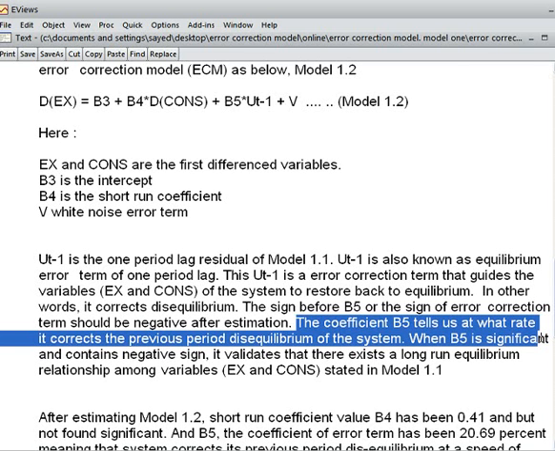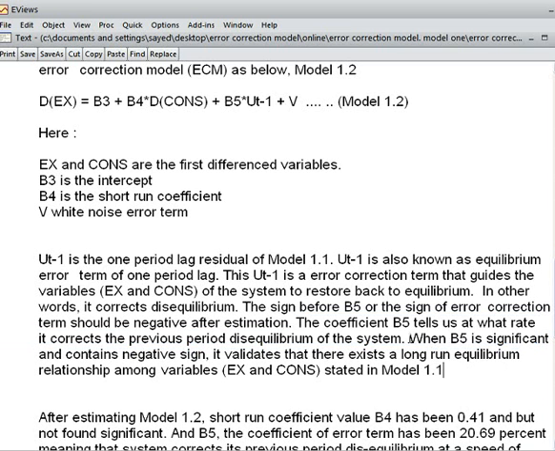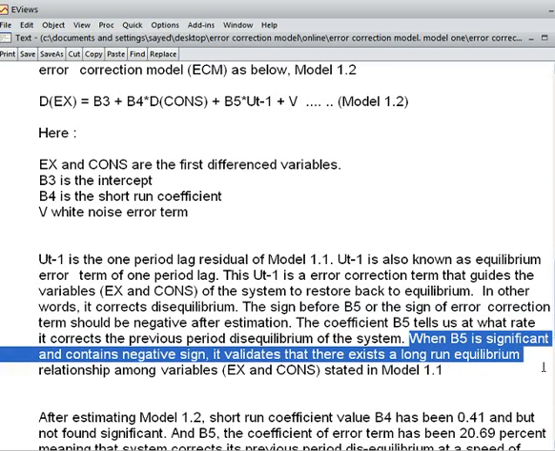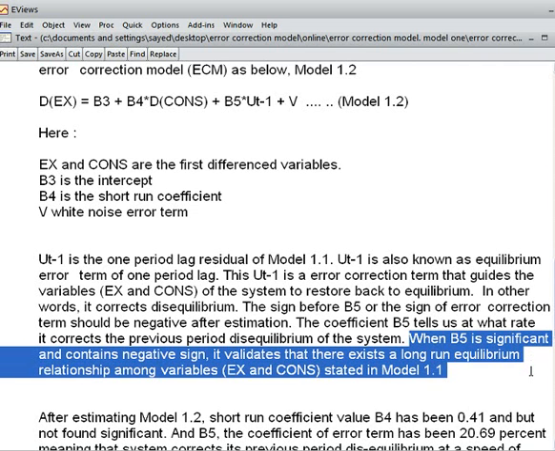That means the speed of the adjustment, or the speed of the correction of the disequilibrium. And when B5 is significant and contains a negative sign, it validates that there exists a long-run equilibrium relationship among variables stated in model 1.1.